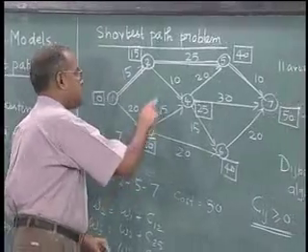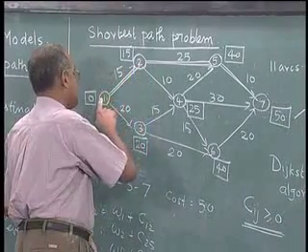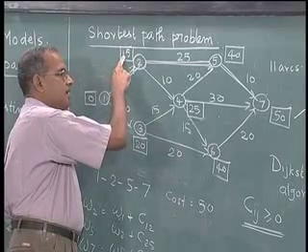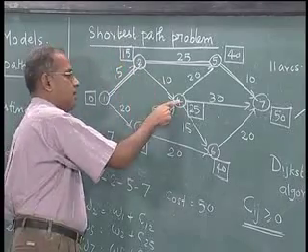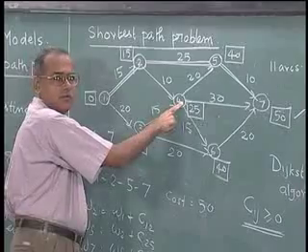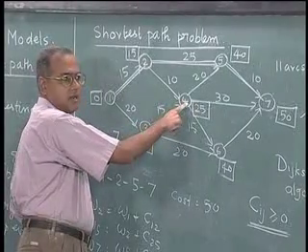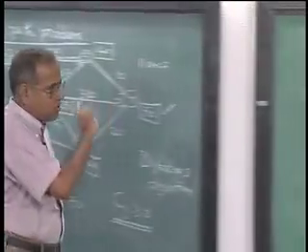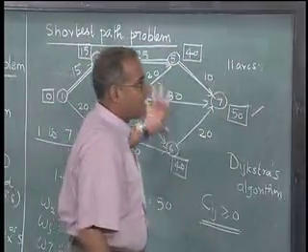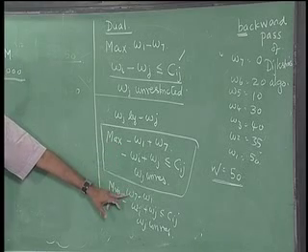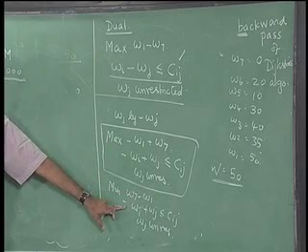As small as possible comes by labeling here, because the moment we know that this is 15, we labeled it as the smallest possible value of 15. We labeled this for the smallest possible value of 25, such that Wi minus Wj is less than or equal to Cij. So we also showed why this is true by redefining the dual this way, so that we actually end up minimizing this, satisfying this condition.